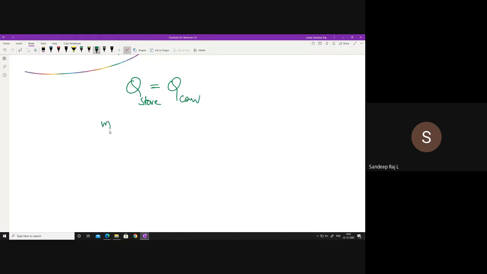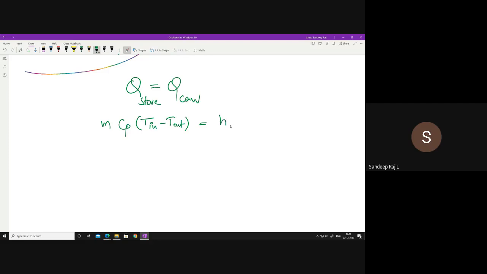You have to use m Cp delta T. When I say m Cp delta T, remember always that m Cp and the delta T, both the temperatures should be of the same material. In this case, it should be for the same fluid. It is T in minus T out, higher minus lower, you will write on this side.